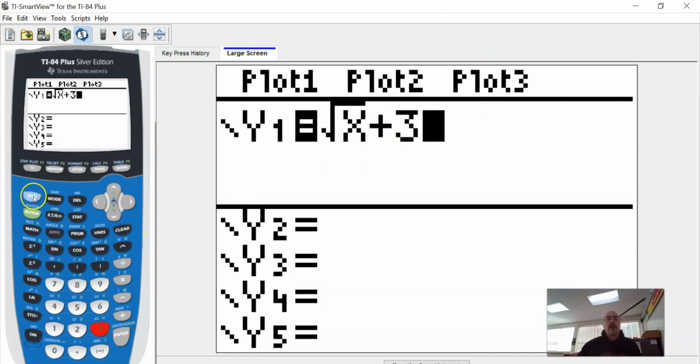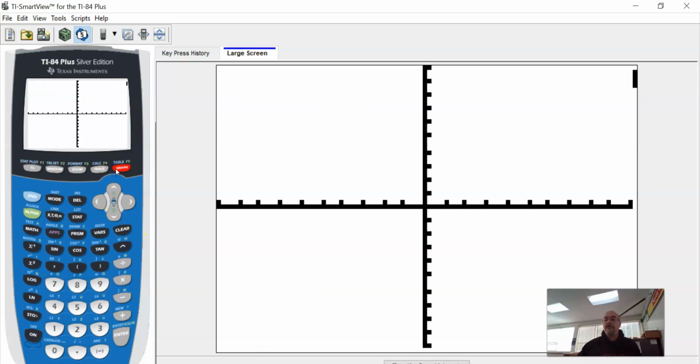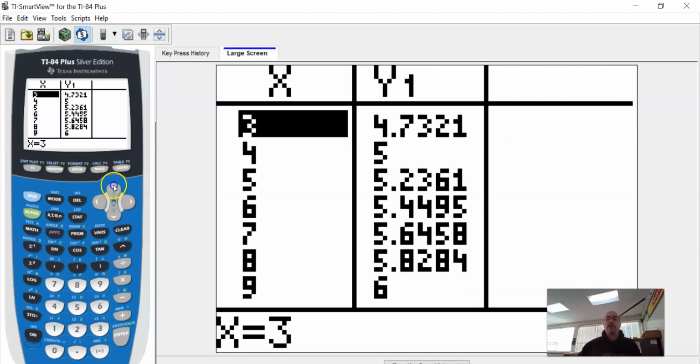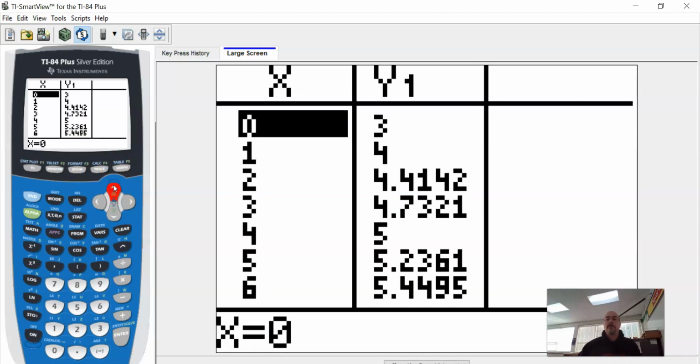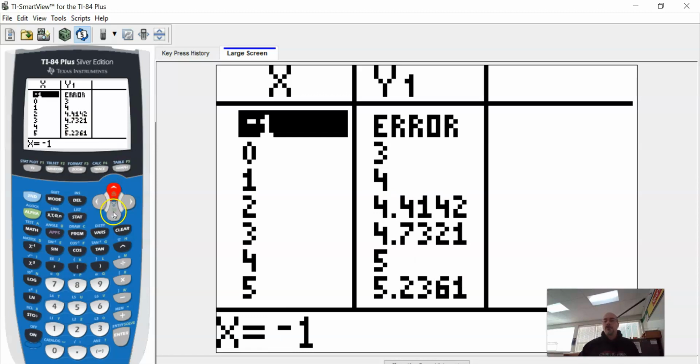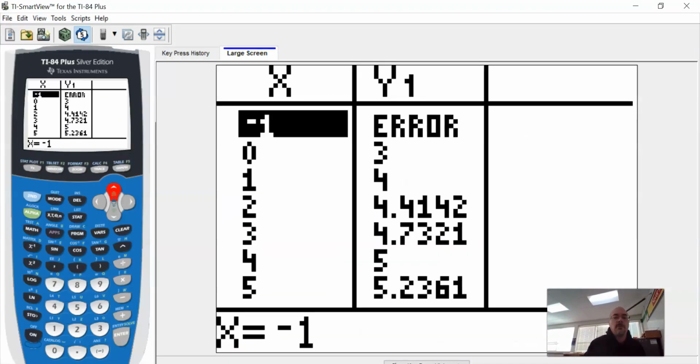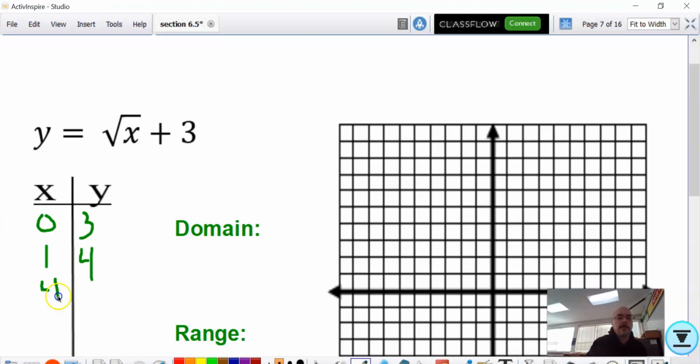All right, so let's go ahead and take a look at the graph. Now let's look at the table. All right, so 0, 3, 1, 4, 4, 5. Let's go ahead and put those in. 0, 3, 1, 4, 4, 5.